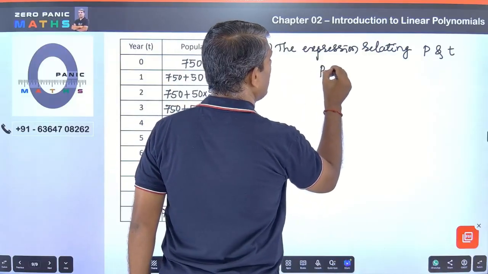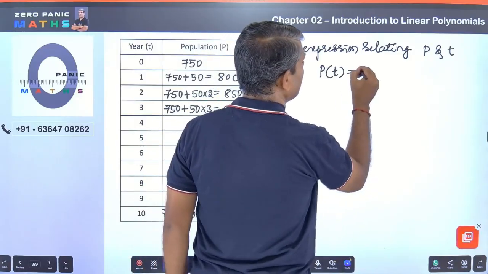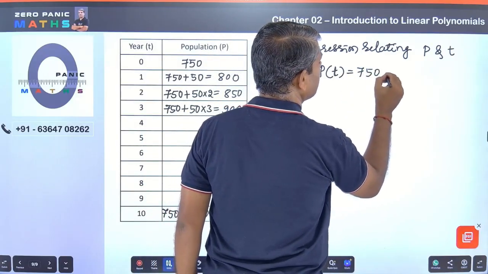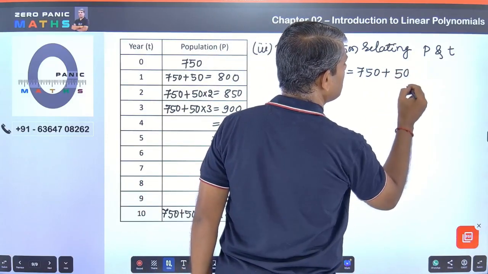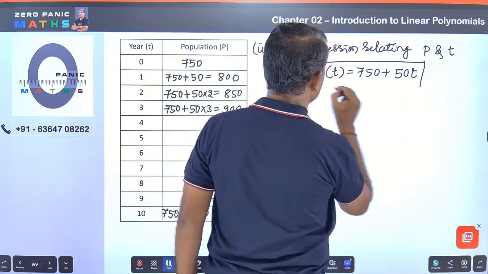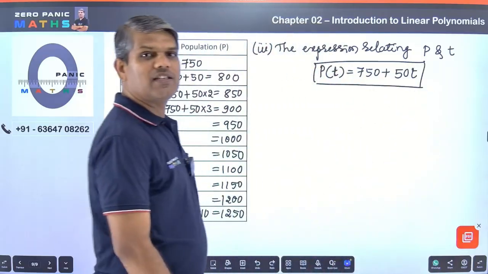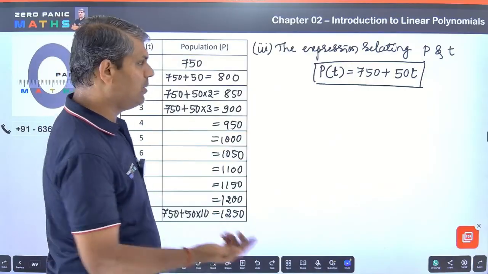You can say the population after t years is 750, which is the initial population, plus 50, which is the constant increase, times t. So this is the expression that relates time with population p.